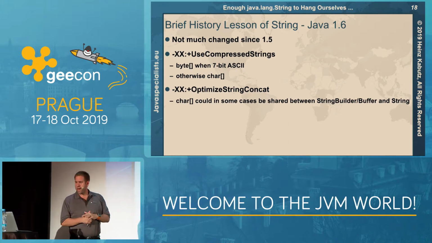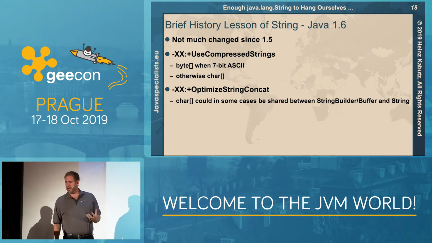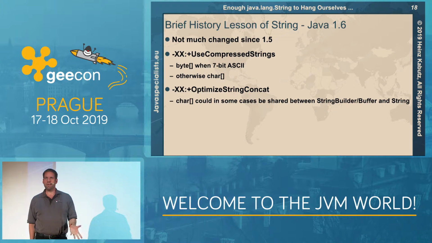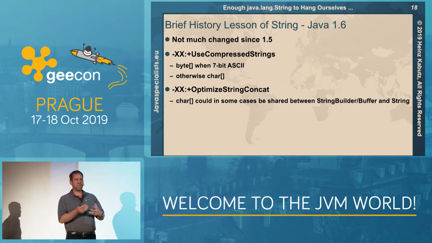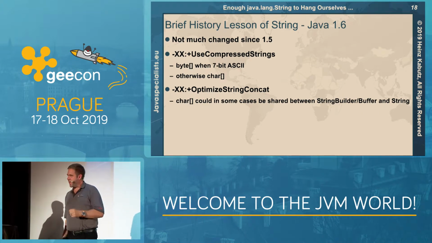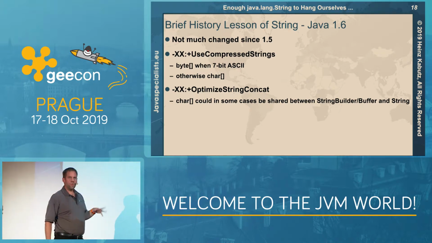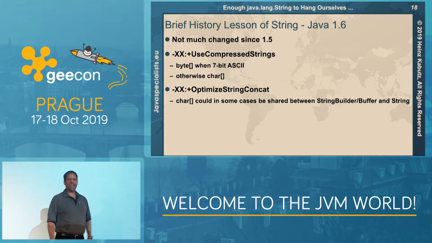They also optimized string concatenation. They managed to still share the underlying char array between StringBuilder, StringBuffer, and String, even though, if you look at the bytecode, you can see that they make new ones, but they don't actually. It's all managed. Something else changed in 1.6: they added the ability to do escape analysis in the Sun JDK, and with that, lock eliding.